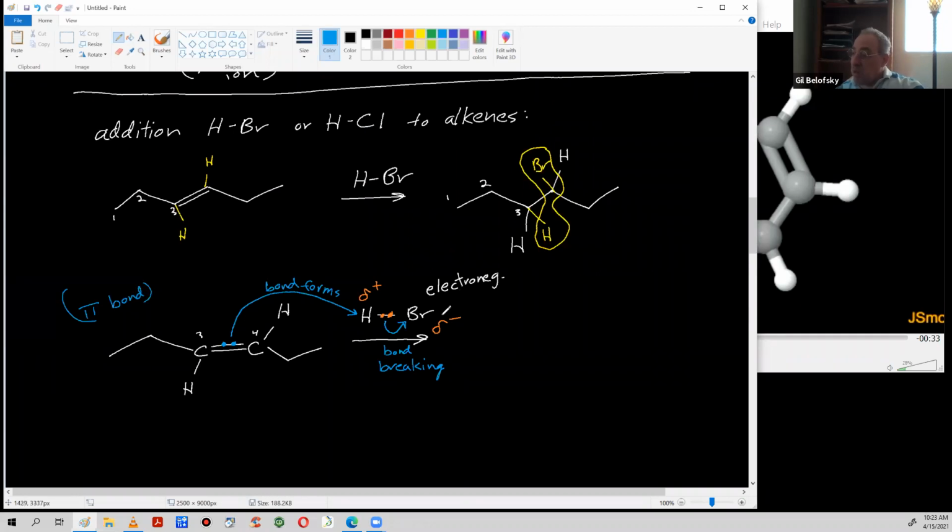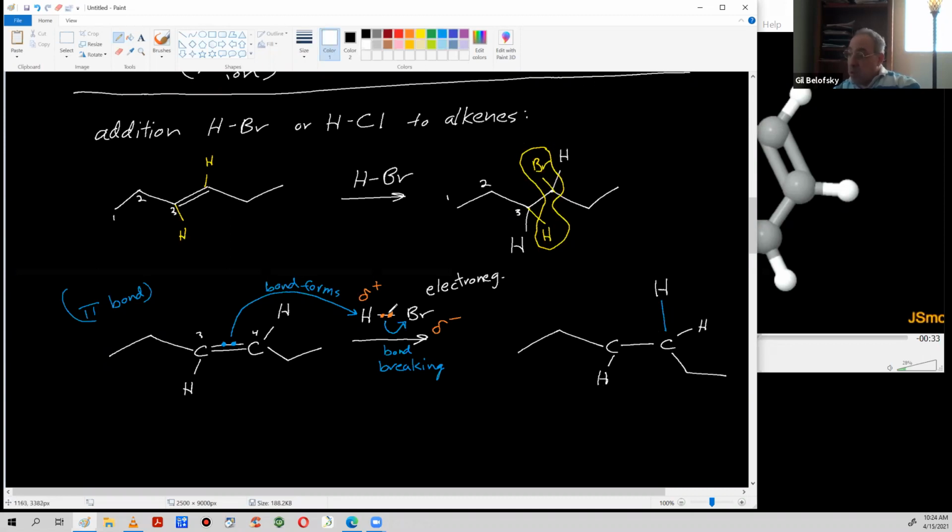And then the result of those arrows: this bond breaks, forms the new bond, breaks this bond, and the result of all that is this is all still the same. That bond to that carbon is still there. That hydrogen is still there. But now we have a new bond from carbon to hydrogen.